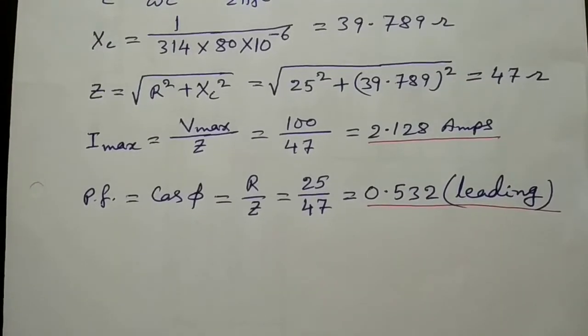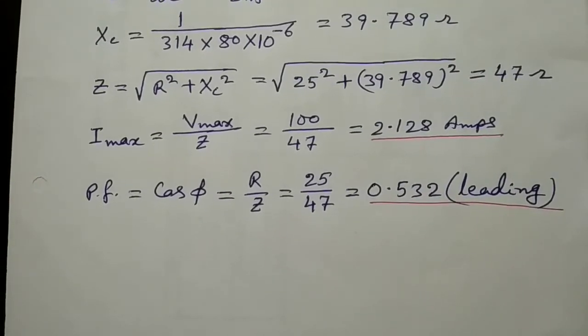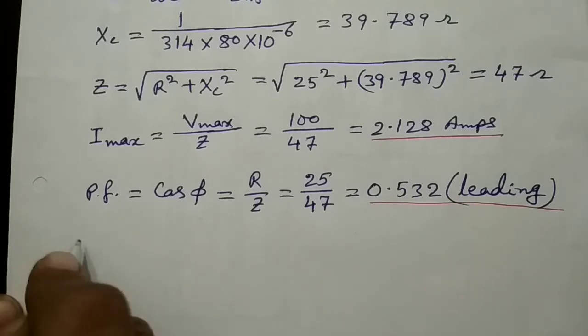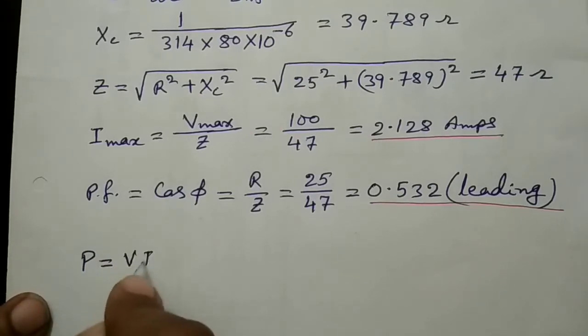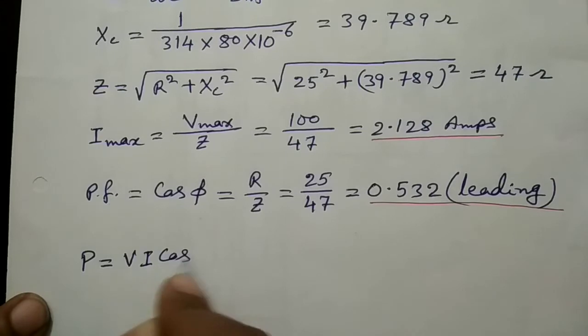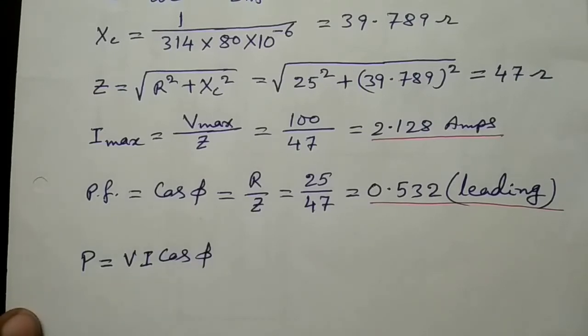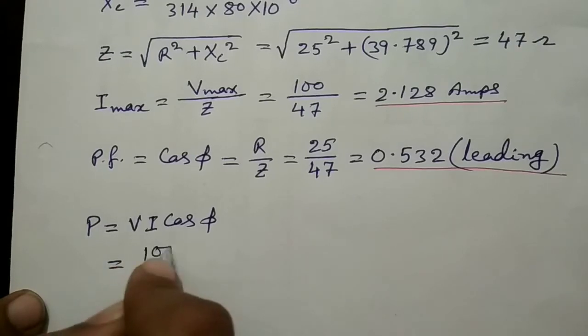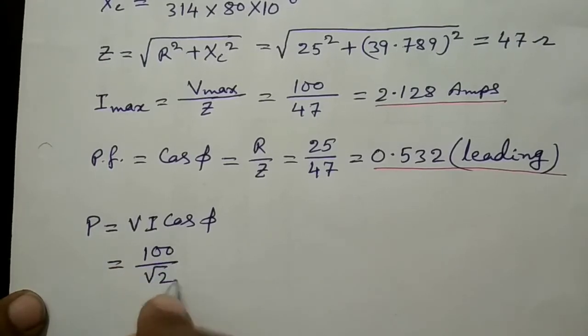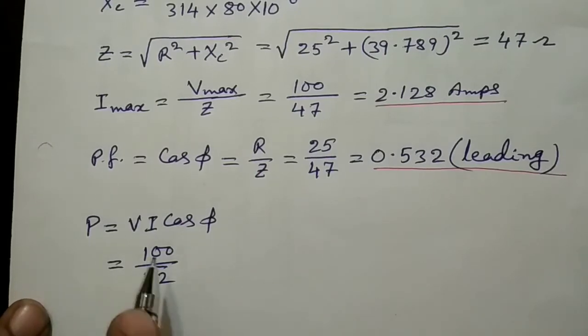And in the last part of the question, it has been asked to find the total power. Here the total power means the active power, that is P. And we know that P is Vrms, Irms into cos phi. Here V is 100 upon root 2, because the maximum voltage is given and you have to calculate the RMS value.